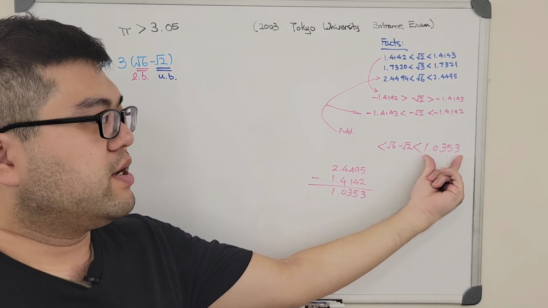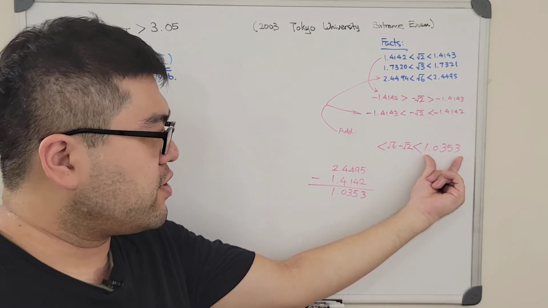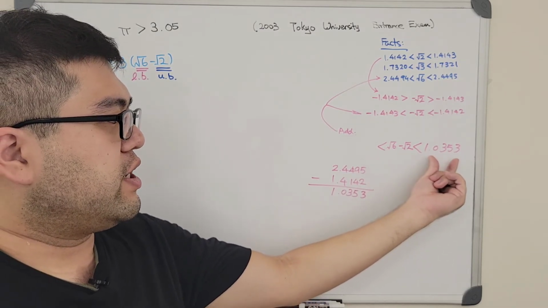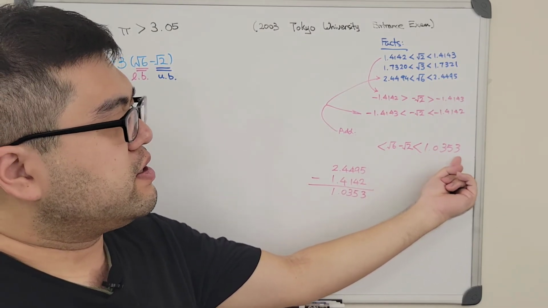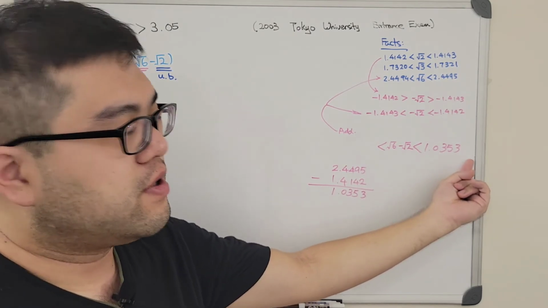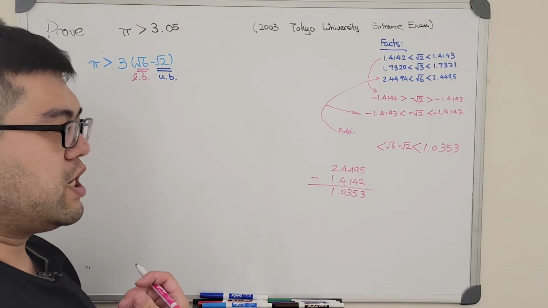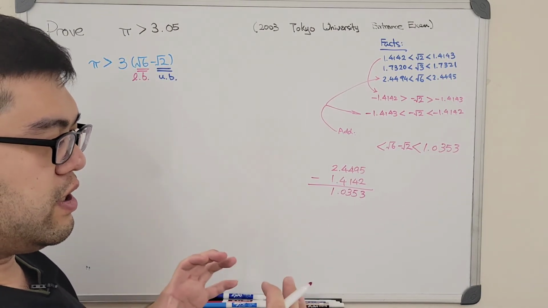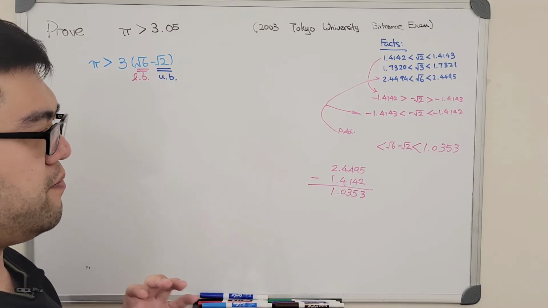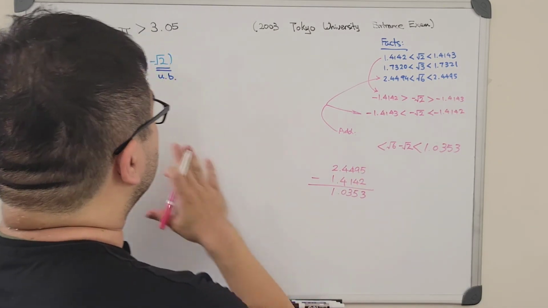And if we are more accurate, we will know that this number is actually a little bit smaller than here. We'll end up with a 2 here and then something else there, so that we actually get an even stricter condition. But this is actually enough for us to prove this.